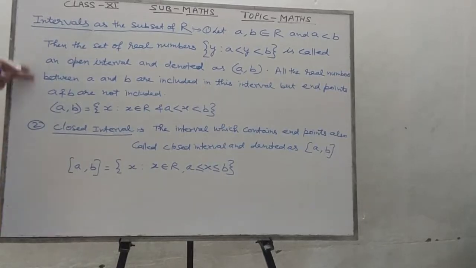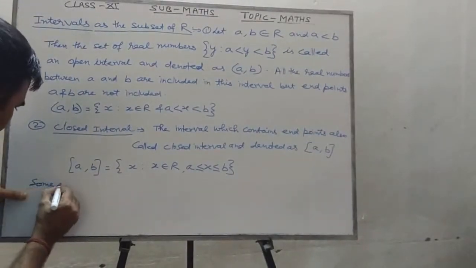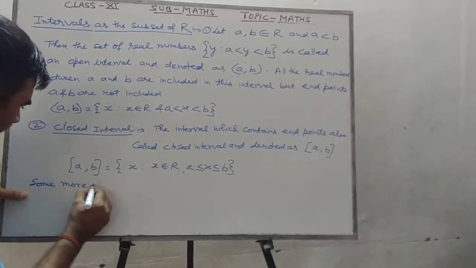By seeing these two intervals, you can understand there are some more intervals which we have: closed open and open closed.